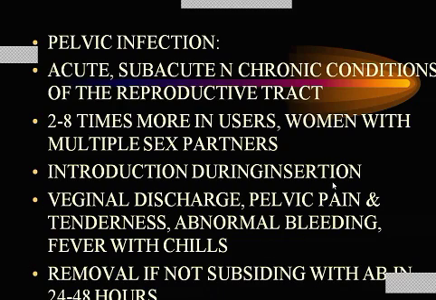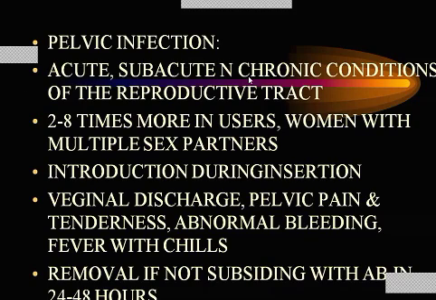Infection can also be introduced while inserting the device. If strict aseptic conditions are not followed during insertion, it may cause pelvic infection. Vaginal discharge, pelvic pain, tenderness, abnormal bleeding, and fever with chills are the symptoms of pelvic infection, and the device should be removed if not subsiding with antibiotics in 24 to 48 hours.